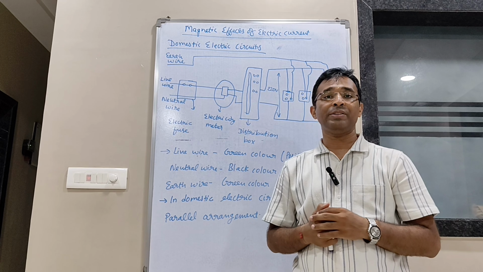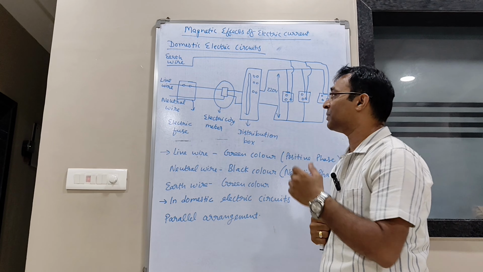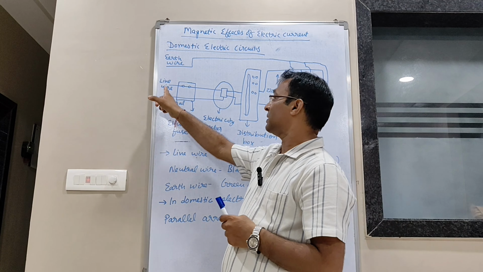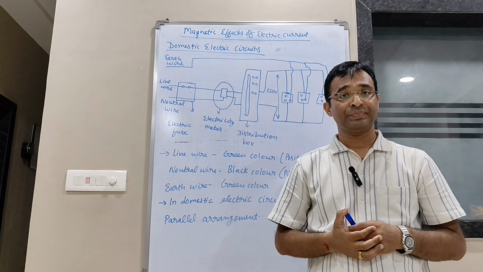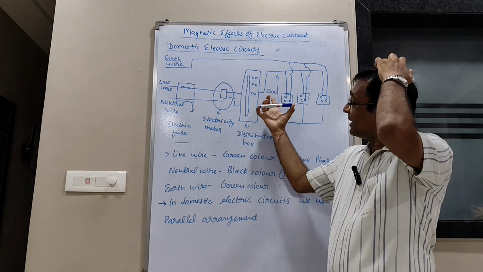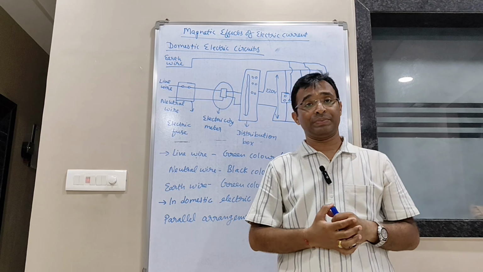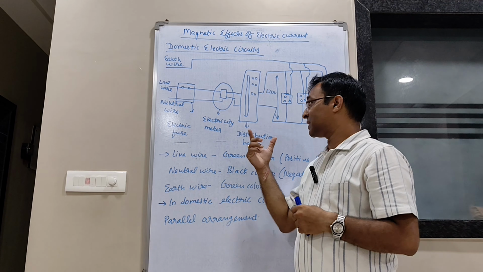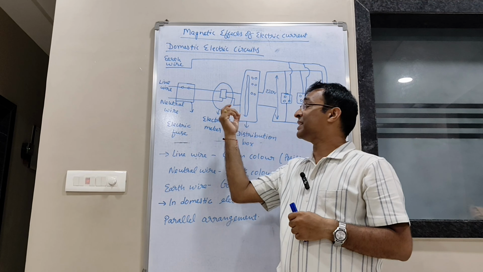Interesting points we can observe from this connection: first, we have three types of wire: earth, live and neutral. We'll study about that. The voltage supplied to our house is 220 volts, right? There are specific arrangements which we can see.